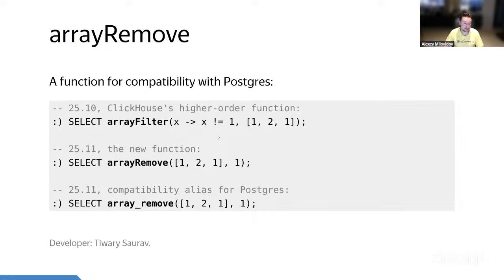It is way more powerful, but now we have a less powerful function just for compatibility, and its application is actually simpler for this particular case. We have it in the ClickHouse style name, camel case, arrayRemove, and with the Postgres style name, array_remove. So nothing special about this function. It works, it exists. Use it if you need it.